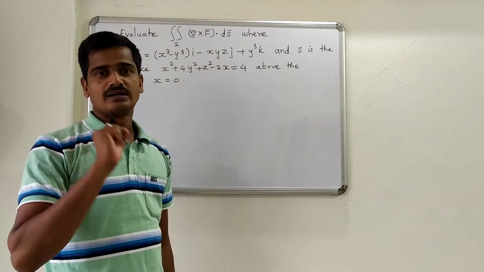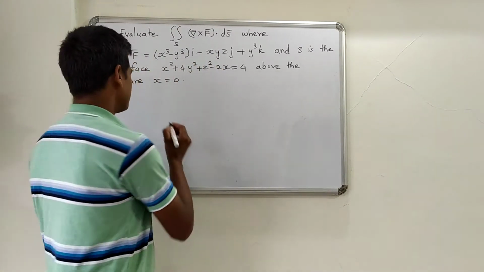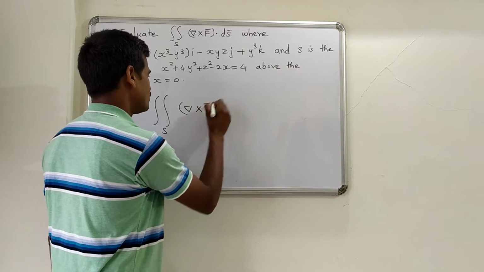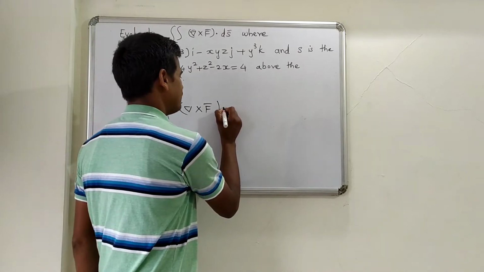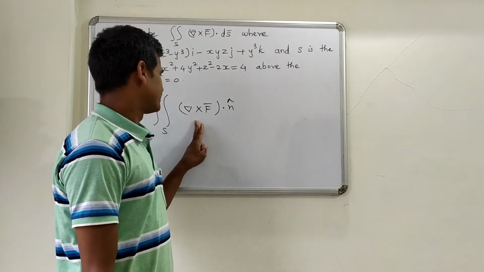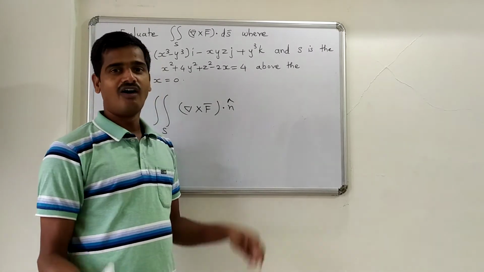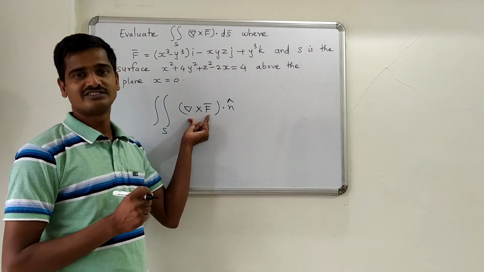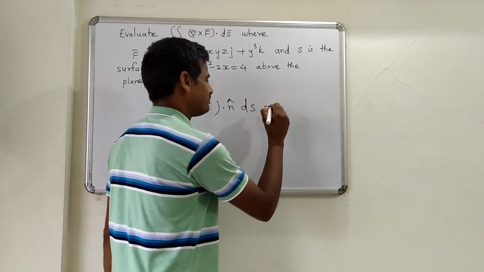Stokes theorem states that the surface integral of the normal component, so I have to take the dot product with n cap, of the curl of the vector point function f bar. You know what is meant by curl? It is del cross f bar, dot product with n cap into ds.